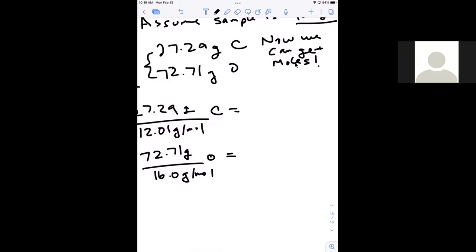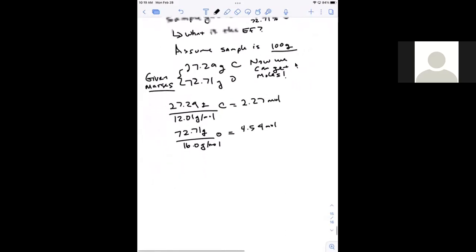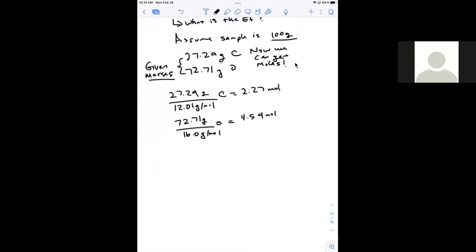Anybody got it yet? Anybody have 2.27 moles for carbon? That's what I got. All right. And for oxygen, 4.54 moles, right?